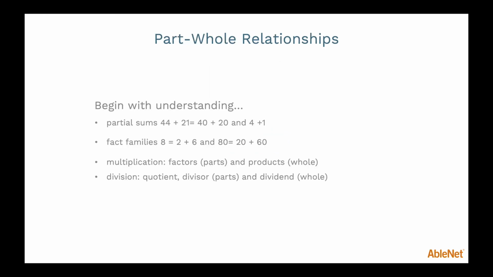When students are working with part-whole relationships, we begin with understanding and building on students' number sense skills. We ask students to demonstrate an understanding of part-whole relationships by covering partial sums, then leading into fact families, and connecting it to multiplication and division concepts by showing the relationship between factors and products, as well as divisors and dividends.